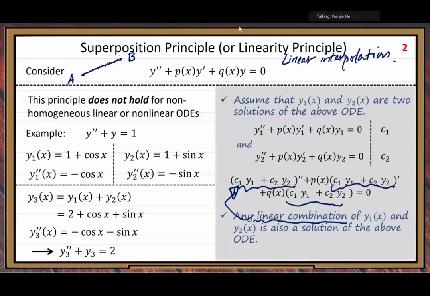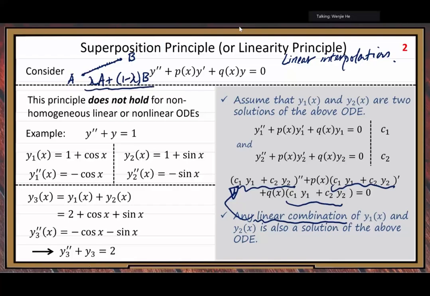Many times people use lambda as the parameter to control the interpolation location between A and B. For example, lambda times A plus 1 minus lambda times B. How about that?